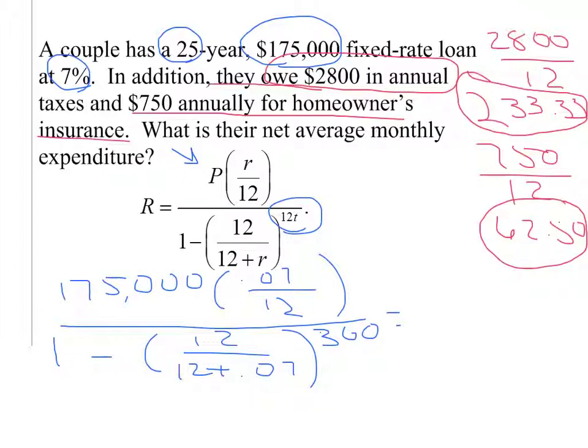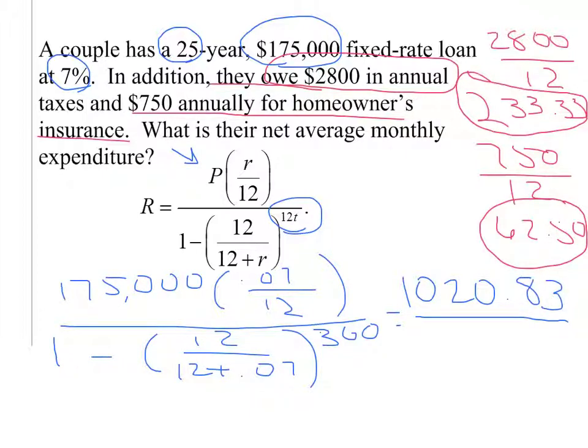Now we're going to take the stuff that's in our formula and put it in our calculator. So we're going to put 0.07 divided by 12. That gives us this big long decimal, 0.005833333333, and that's what's going to get multiplied by 175,000. So on the top, if I round, I'm going to have this figure.